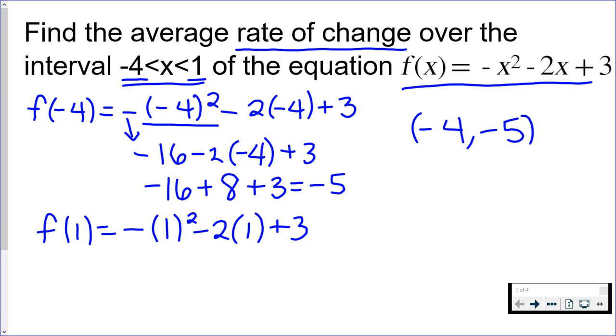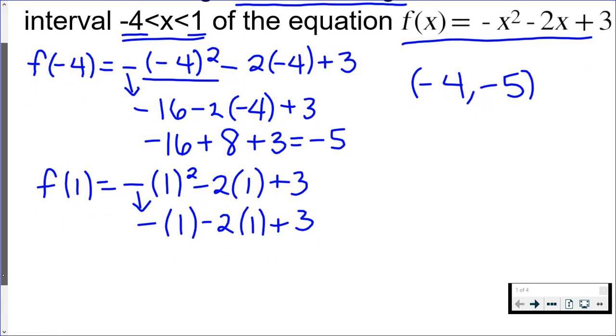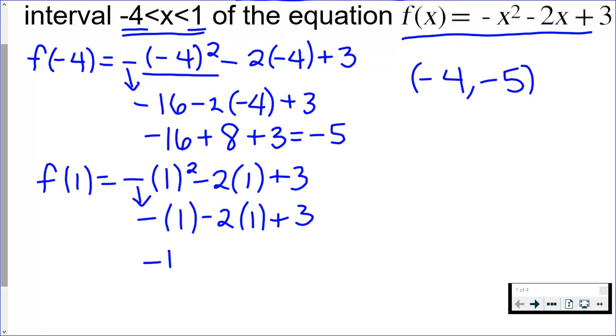So whatever's in parentheses is being squared, which means the negative does not go away. 1² is just 1. And then from there, I can multiply. So this is just -1 minus 2 plus 3, which gives me 0.